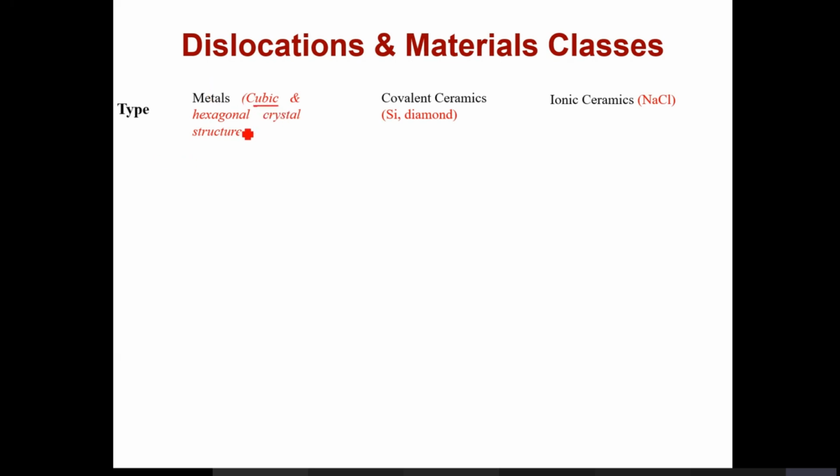Now, when we look into different categories of materials, we have metals that normally are in the cubic crystal system, or otherwise they follow hexagonal crystal structures. Ceramics, covalently bonded ceramics, and ionic ceramics. Covalently bonded means silicon and diamond, and for ionic ceramics, sodium chloride is the most common example.